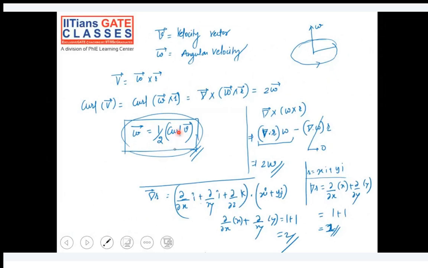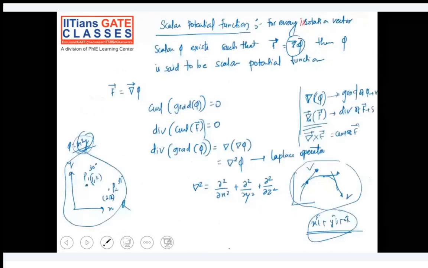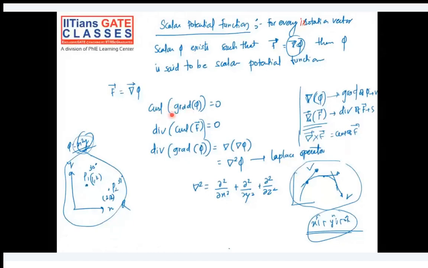We will not derive these, but just remember them now, because they are thumb rules. Curl of the gradient of phi is 0.